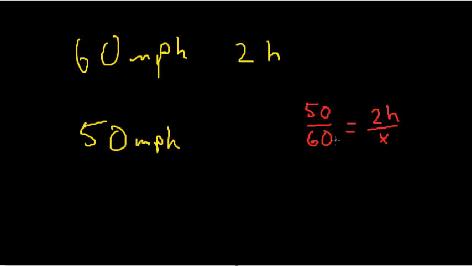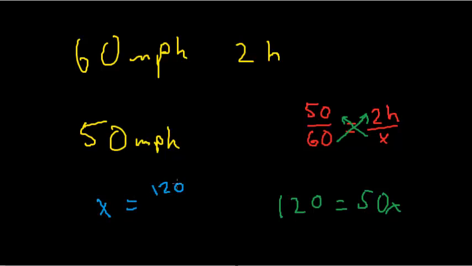Once we get it set up, it's then just as simple to solve it, cross multiply. 60 times 2, we get 120, and that then has to equal x times 50, or 50x. Our unknown is always equal to the opposite side divided by what's being multiplied by the x.